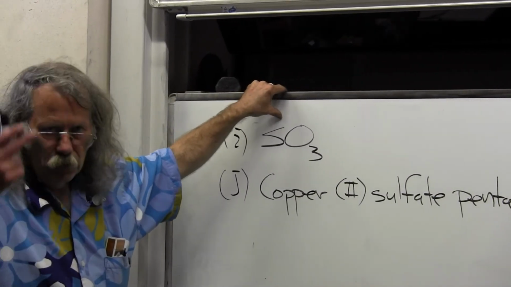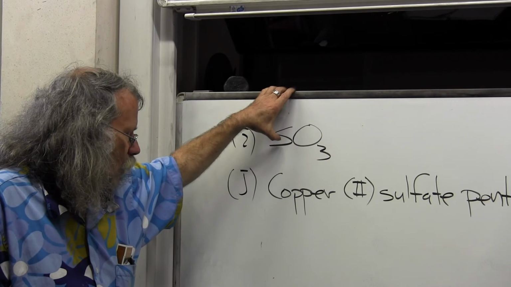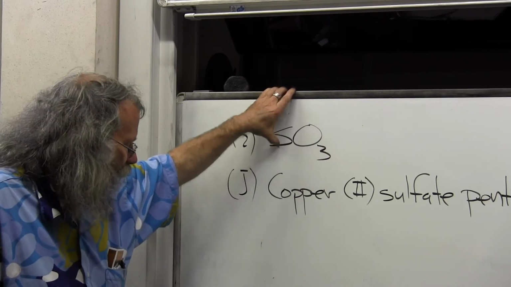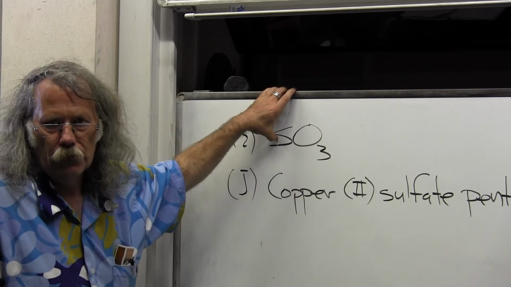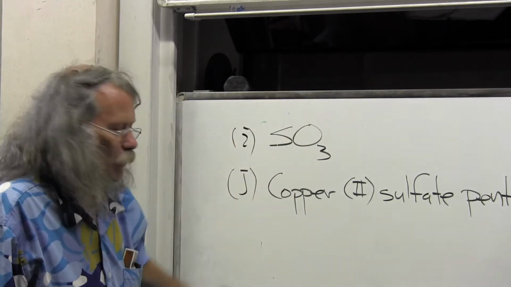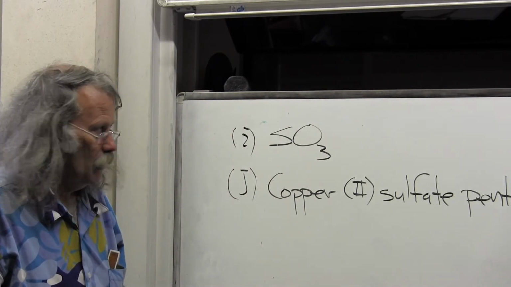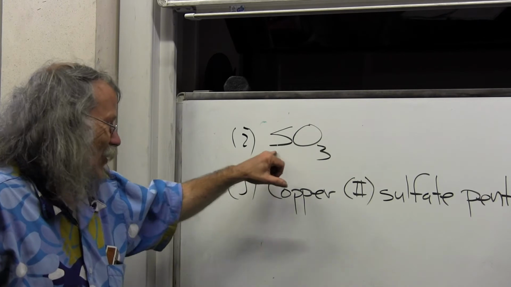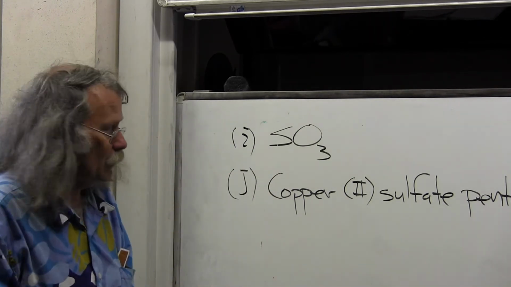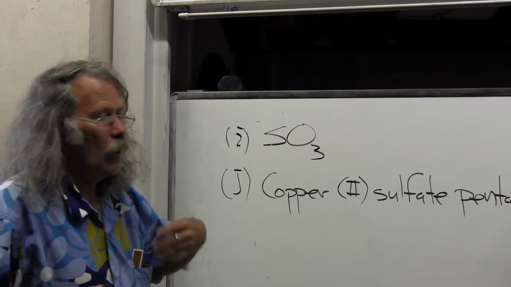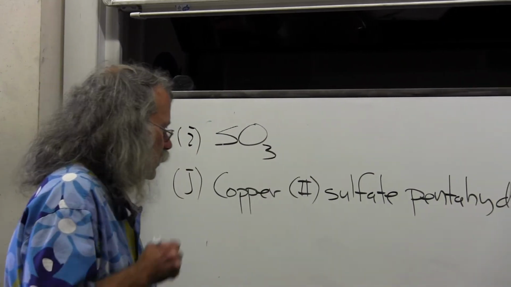Sulfur being lower down is more metallic, so I write it first, and I'm going to name this compound after the sulfur. So it's going to be sulfur something. Now the other element is oxygen, and there's 3 of them, so I'm going to give, again, only 1 sulfur. I'll drop the mono prefix, so it's not monosulfur trioxide. It's going to be sulfur.